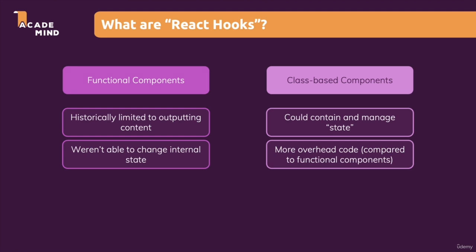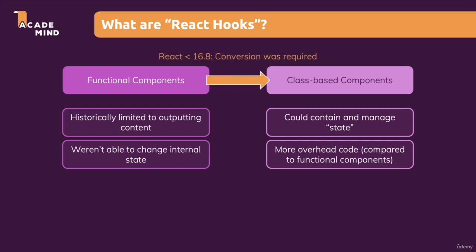But because class-based components were the only kind of components that could manage state, you had to convert functional components to class-based components if you wanted to manage state or if you wanted to add lifecycle methods prior to React 16.8.